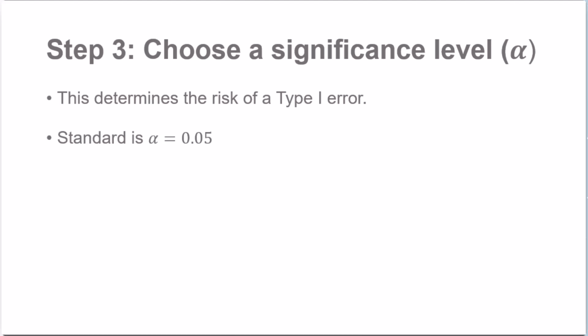This is sort of similar to how our interval estimates could be 95% confidence or 90% confidence. This is just kind of the flip side of that. And the reason we need a significance level is that we need some kind of benchmark for how strong our evidence needs to be, right? How much evidence for or against our claim do we need before we can make a particular conclusion?